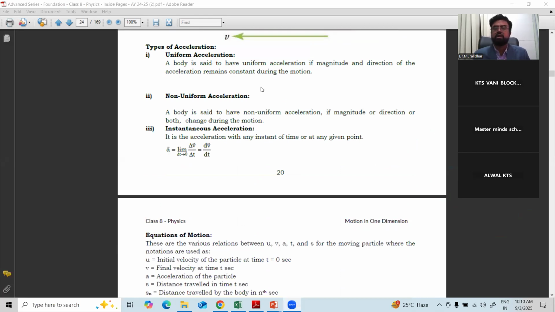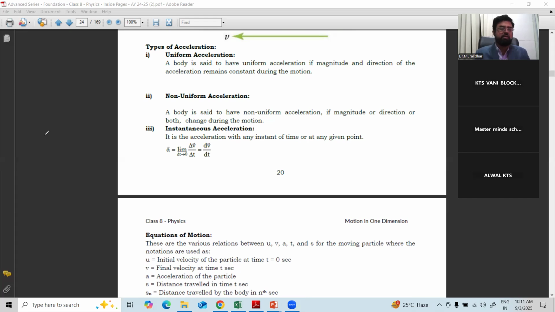Of course, acceleration can be either uniform or non-uniform. If you increase the velocity from time to time, for example, first 5 meters per second, next 5 meters per second, like that we are increasing constantly, then it's called uniform.